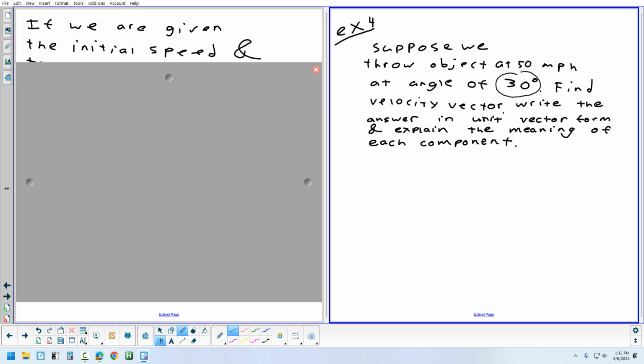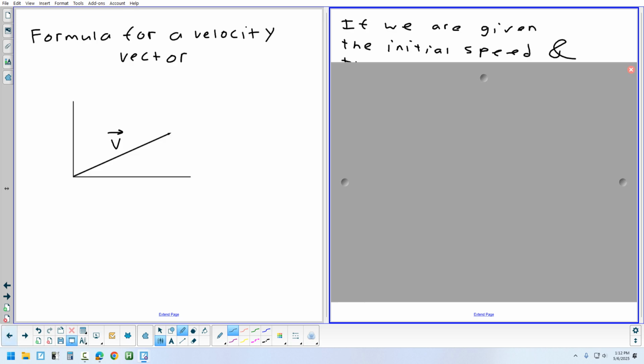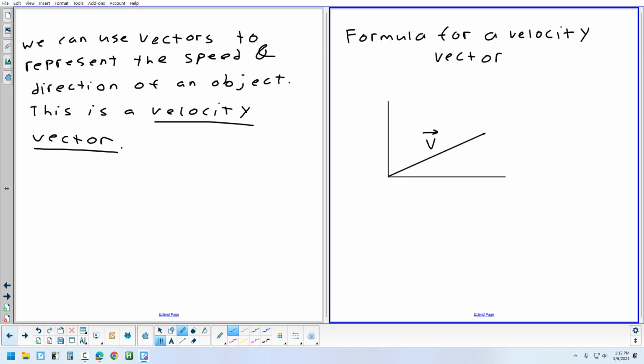The angle will always be somewhere between 0 and 90. So I'll tell you the angle it's being thrown at and the speed. Let's see if we can figure out a formula to write that information as a vector.